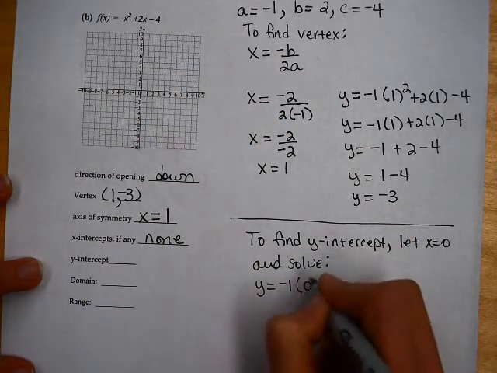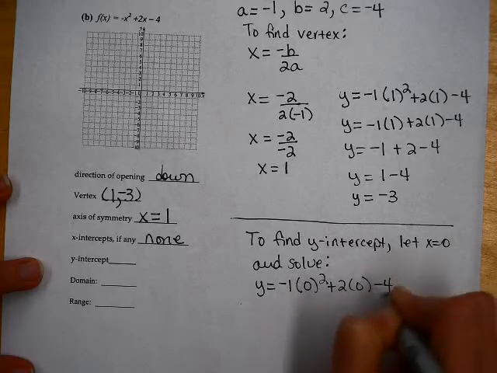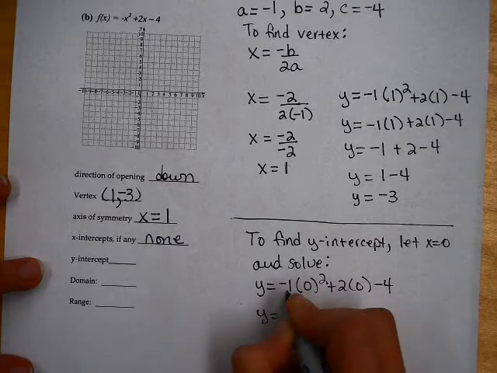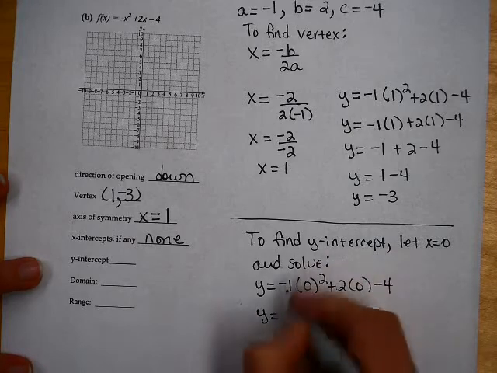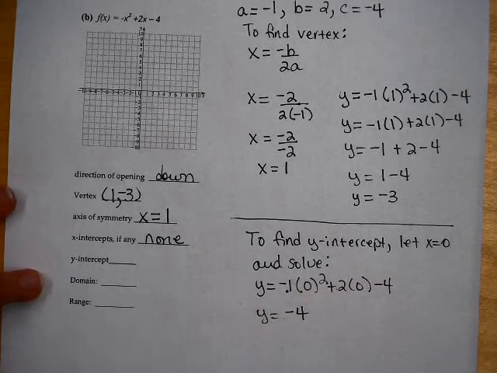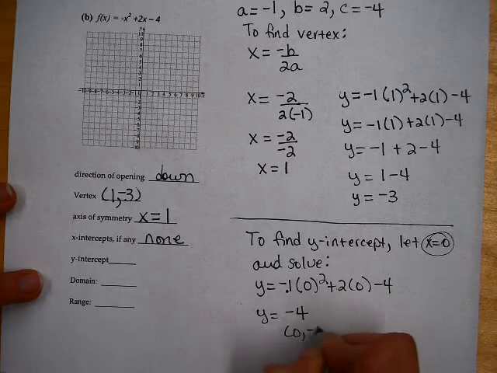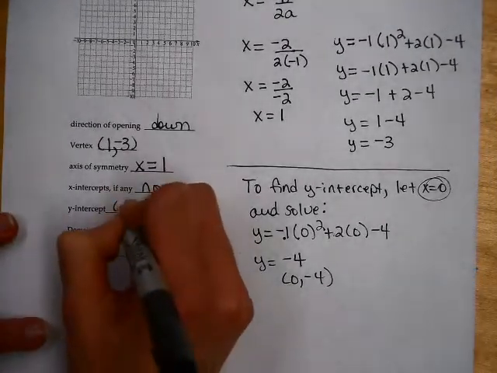So -1 times 0 squared plus 2 times 0 minus 4. Well, 0 squared is still 0. 0 times -1 is 0. 2 times 0 is 0. So you really have 0 minus 4, or simply y equals -4. And so since we let x equal 0, the ordered pair would be 0, -4. That is our y-intercept.